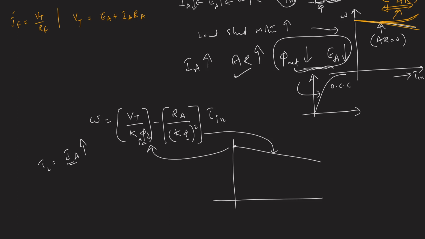Suppose the flux is reduced by a small quantity. Then the denominator is reduced, so the overall value will increase. Overall value increases means the intercept will be somewhere higher here.